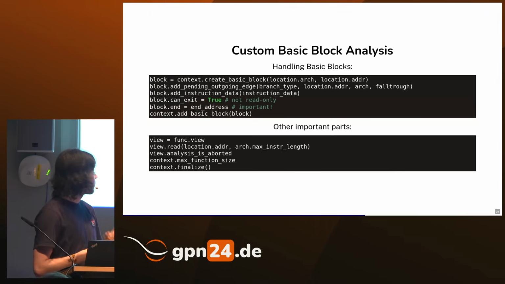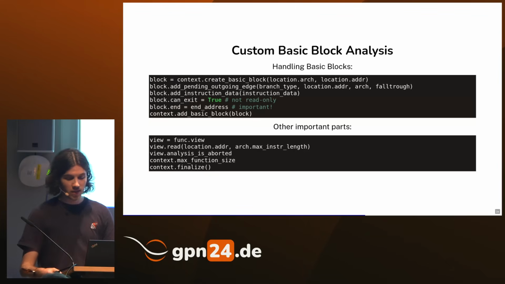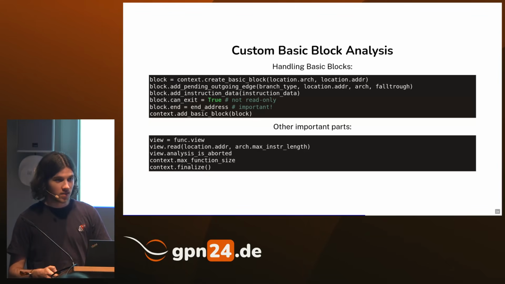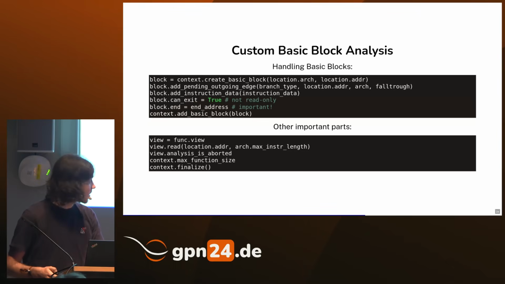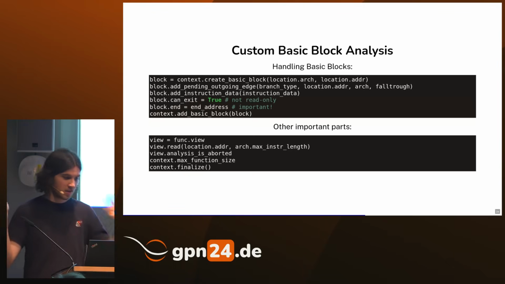And one warning: this property is not read-only, but if you look at the documentation, it says it's read-only, because they show the documentation for the getter for this property, and there's also a setter, but they don't show the documentation for that. So you will find a lot of read-only properties. Don't let that confuse you.